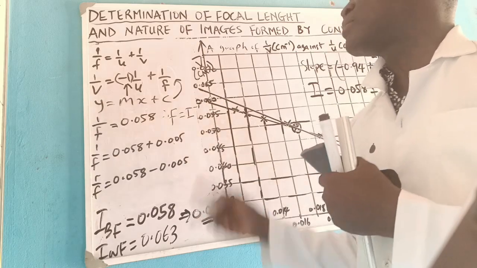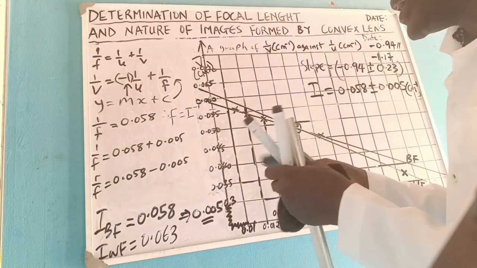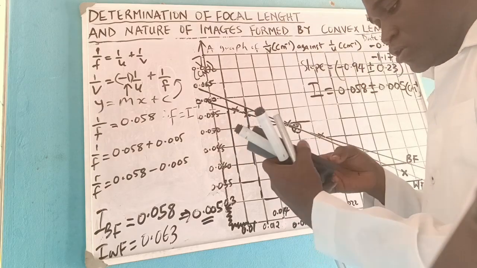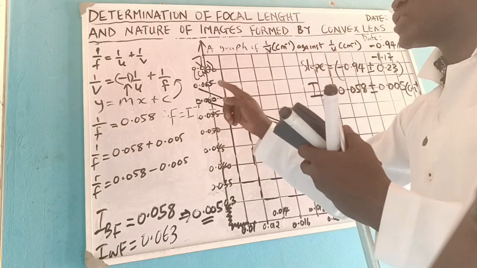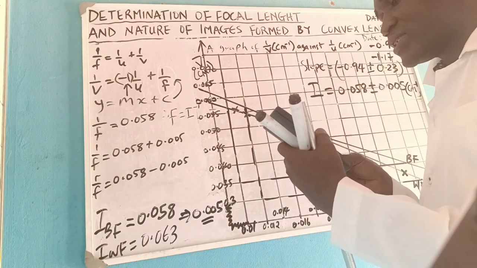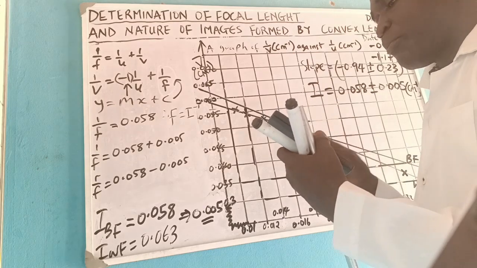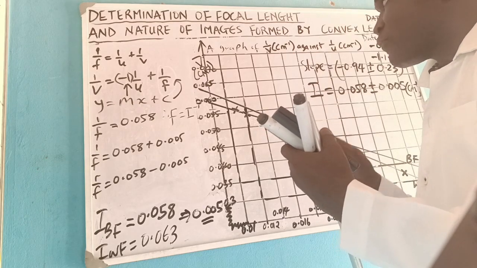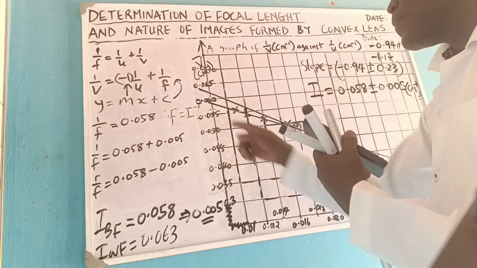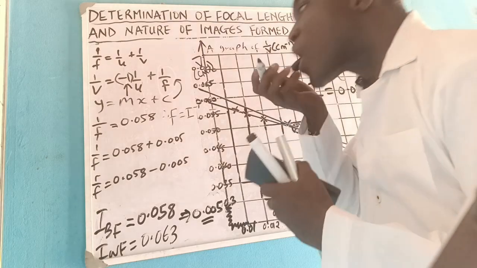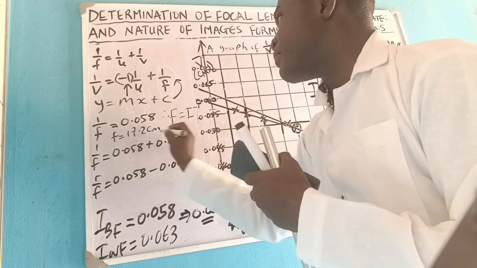Invert your intercept, you get your f. How do we invert? Our first intercept is equal to 0.058. Are you getting it? 0.058 inverse is equal to 17.2. So this one, our f is equal to 17.2 cm.